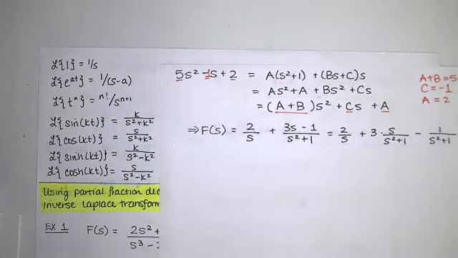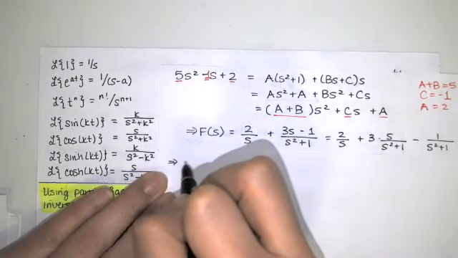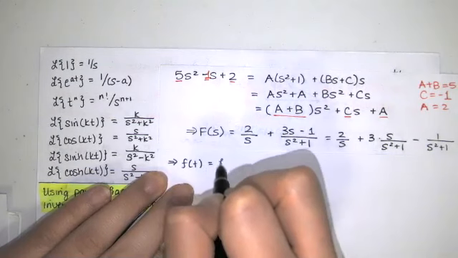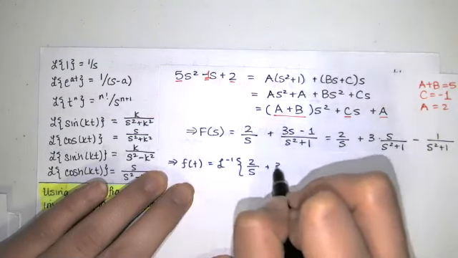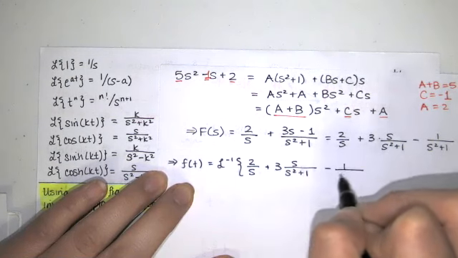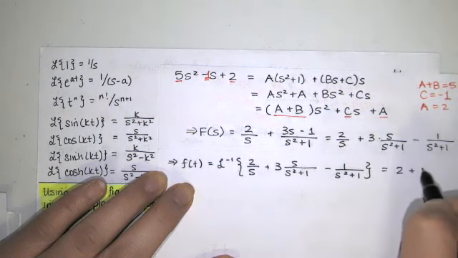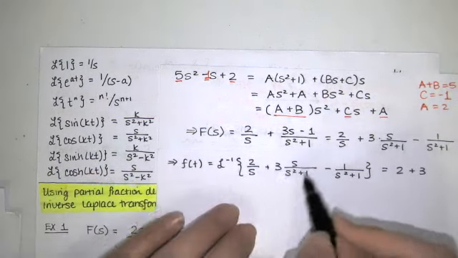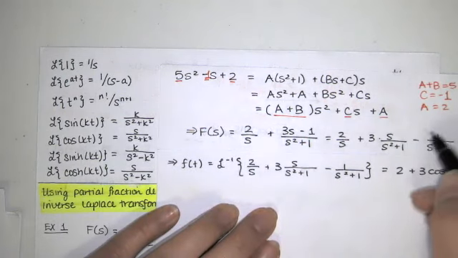So when we take the inverse transform of this piece, we end up with 2 plus 3 times the inverse transform of that, which is cosine of t. And then we're subtracting the inverse transform of that piece, which is sine of t.